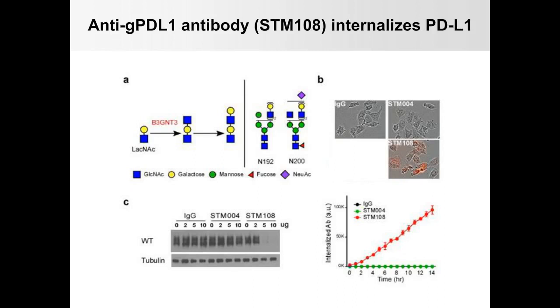And once it is internalized, we did a Western blot, and this was done after 5 days of treatment. We can see that a significant amount of PD-L1 is reduced, suggesting that this antibody has the ability to internalize PD-L1 and further degrade it.